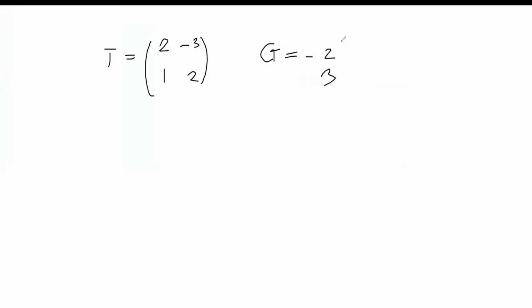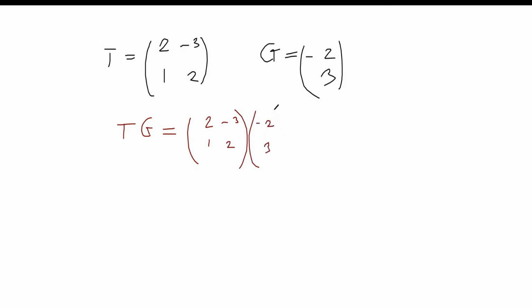I'll need to multiply to get T times G. So let's change the color. To multiply T times G, remember that matrix multiplication is row by column. First, write out T: 2, minus 3, 1, 2. Then write G beside it in column matrix form: minus 2, 3. Now to multiply T times G, it's row by column.